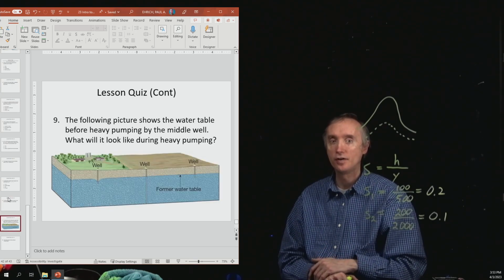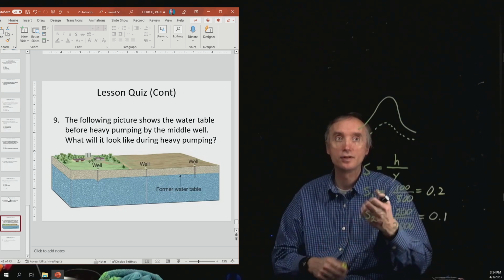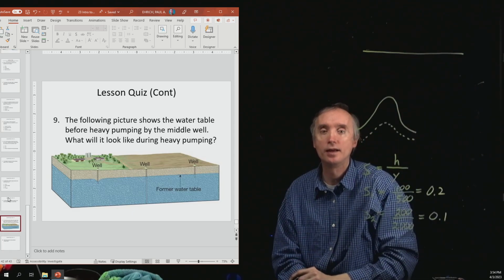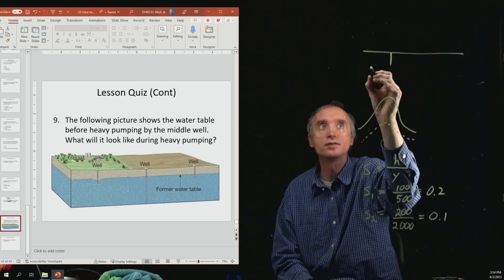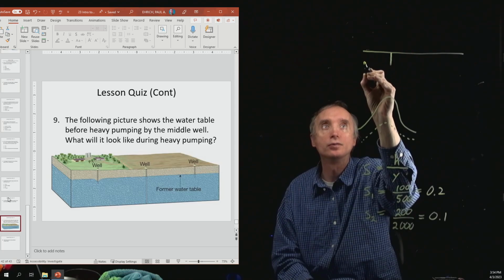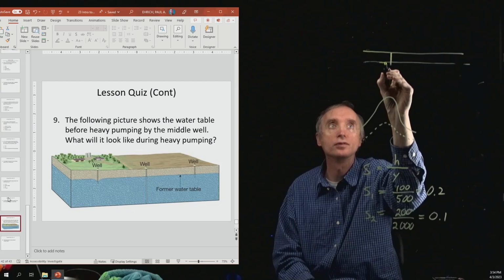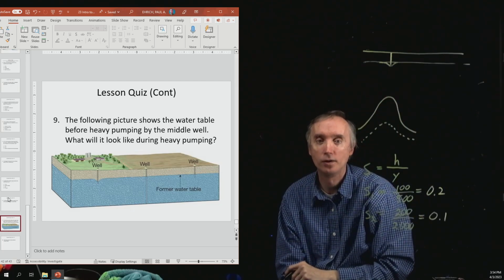Number 9. The following picture shows a water table before heavy pumping by the middle well. What will it look like during heavy pumping? Okay, so in this case here, here's the surface of the ground way up here, and now let's say that there's a well that's here, and you can see that the water table, which used to be like this, is sloping a little bit in order to go into that well.